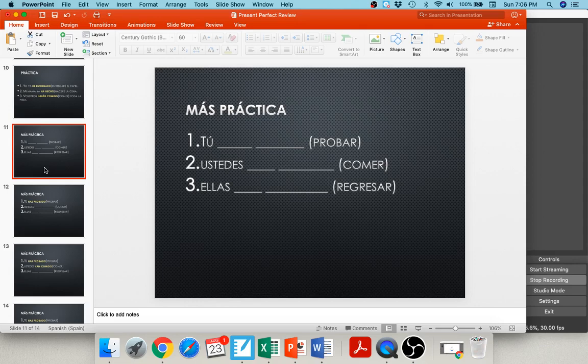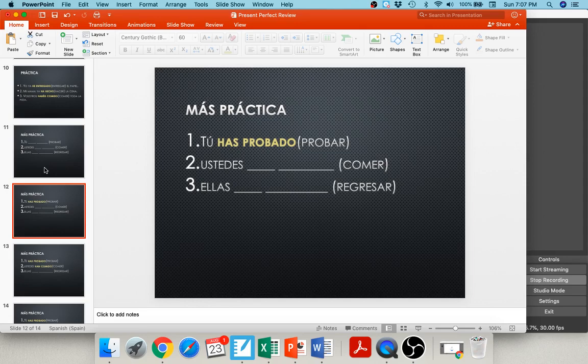All right, now that you've had a second to look at these, let's take a look. Number 1 says tú and probar. We know that the haber form to go with tú should be has. For probar, we're going to chop off our AR, and we should get has probado. You have tried. Tú has probado. Number 2 gives us ustedes, blank, and comer.